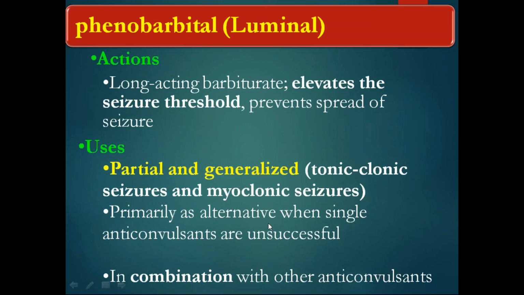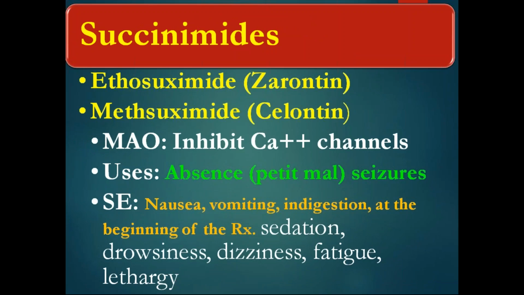Phenobarbital is going to be long-acting. We have succinimide. This is the one I want you to remember, it's the only one, so succinimide, don't be confused, it's all the same, okay? They are going to produce nausea, vomiting and indigestion, especially at the beginning of the treatment.